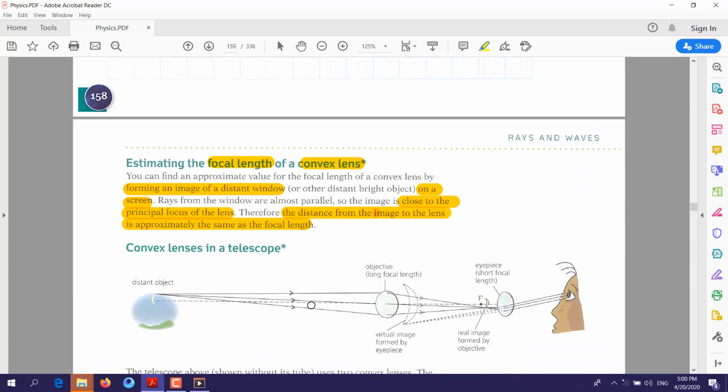But in another meaning, we can say it is the distance from an image on a screen to the center of the lens. So how can we do it? We can do it in this way.